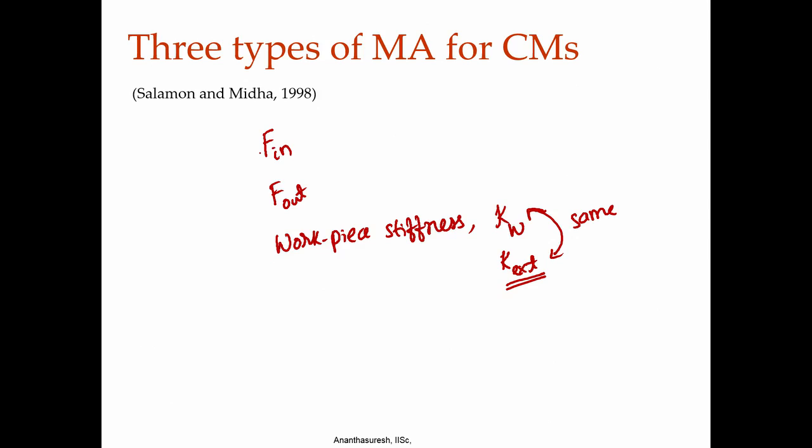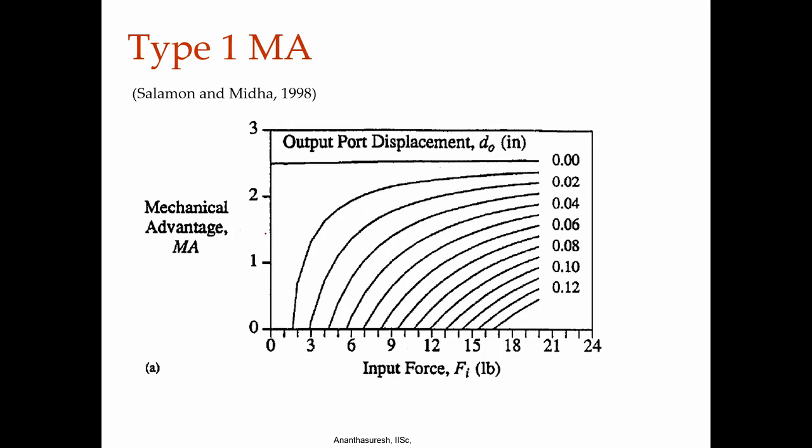So, depending on what you fix, if you want to fix input force, you will get one type of mechanical advantage, or fix output force, or maybe even output displacement, or maybe input displacement. There are all these parameters, or for a given workpiece stiffness you will have a mechanical advantage. To take care of these things, Salomon Meader defined 3 types of mechanical advantages. Type 1 mechanical advantage is for fixed output displacement, that is u out is fixed.